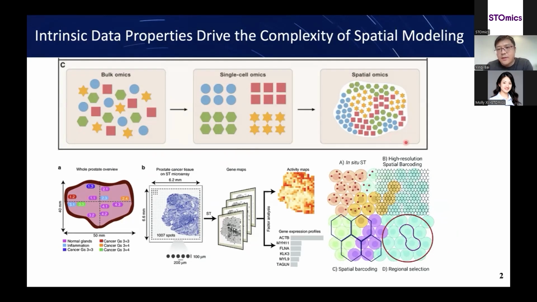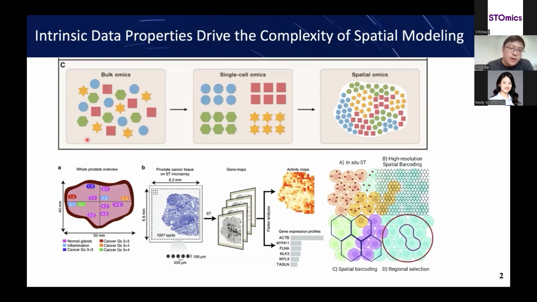It seems that the spatial transcriptomics only increase the geographic location for these cells. Why the analysis become so complicated, only increase the coordinates for the cells. So let me try to explain the reason.